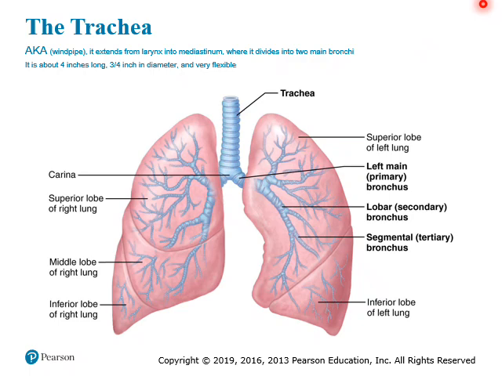It is about 4 inches long and 3/4 of an inch in diameter, and it's very flexible. The carina, there, where I have my pointer, is the last tracheal cartilage that is expanded and found at the point where the trachea branches into two primary bronchi.